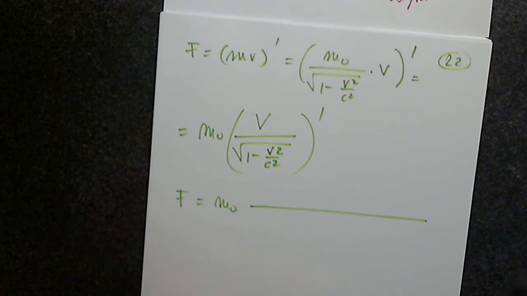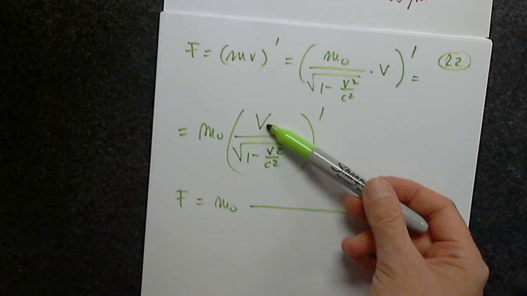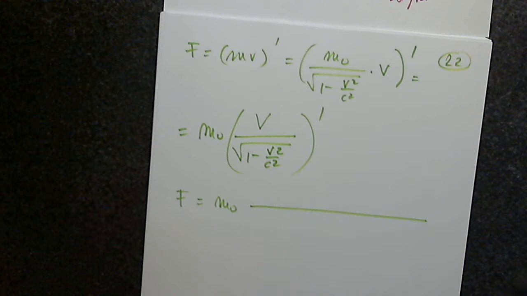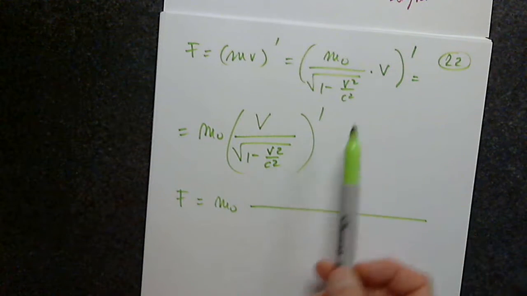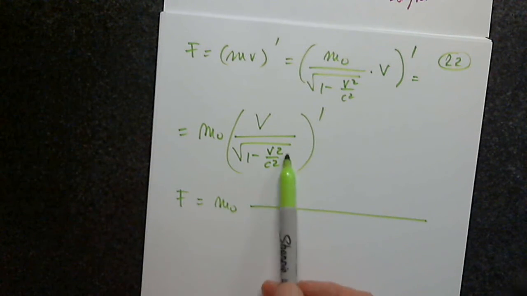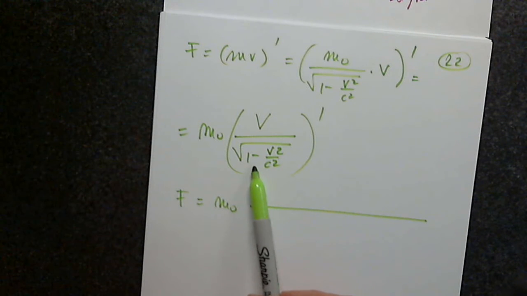This is the quotient rule, or we can change it into a product. It's up to you. You can say v over this and just use the quotient rule as is, or we can simplify this function a little bit. I will just take care of the denominator, or maybe even change it into a product.